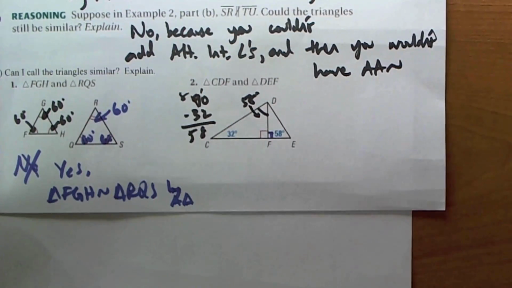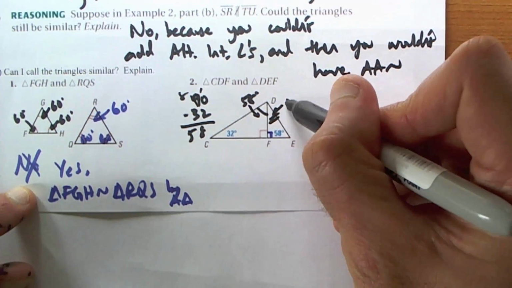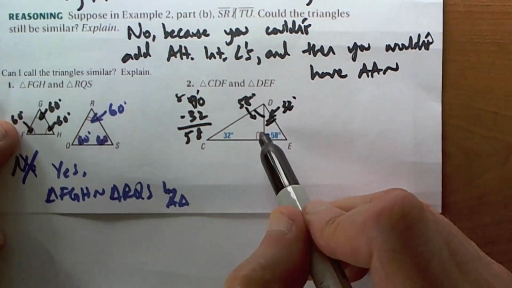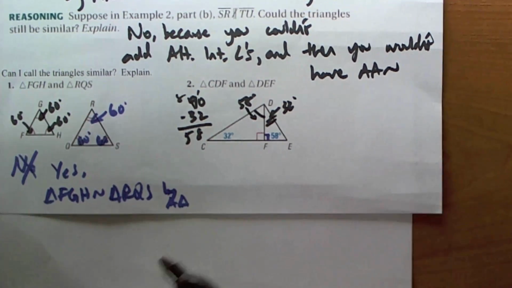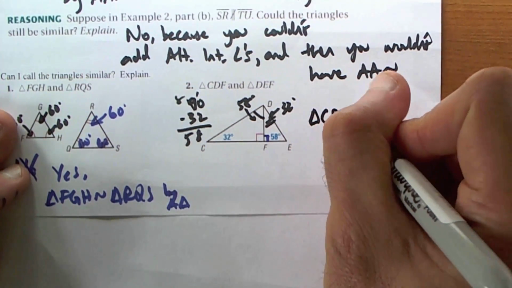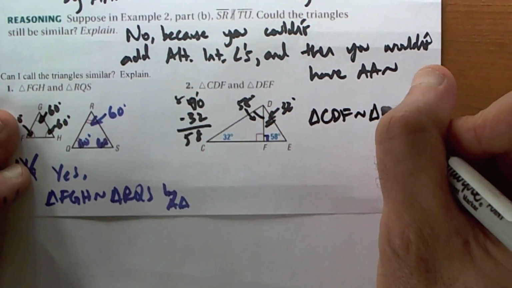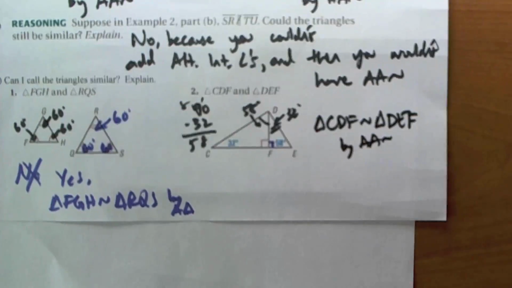And so we can stop right there. I mean, you could find this one as well. This would be 32 degrees. But we could see that's enough. Because I have two pairs of congruent angles, I can say, yes, triangle CDF is similar to triangle DEF by AA similarity.